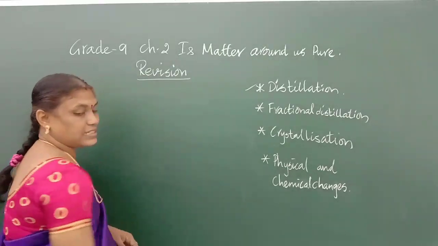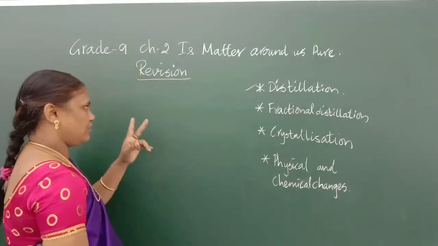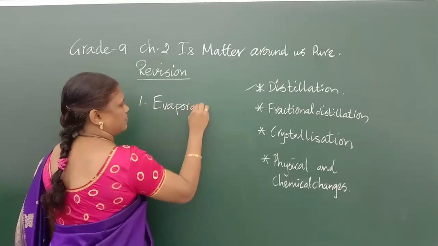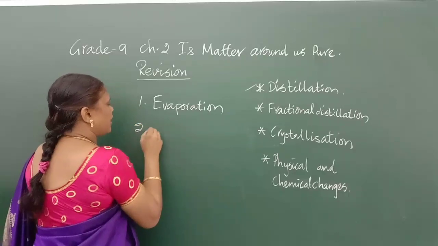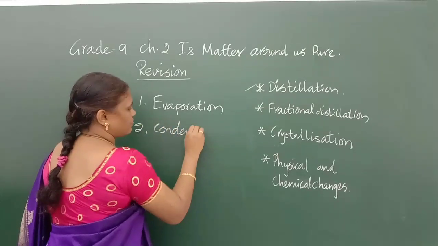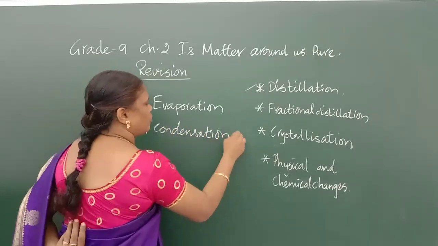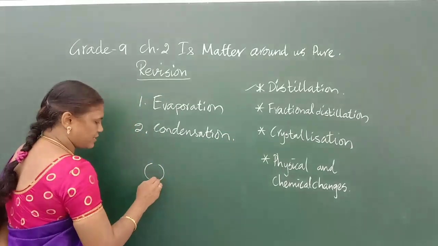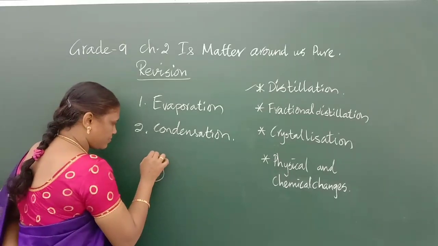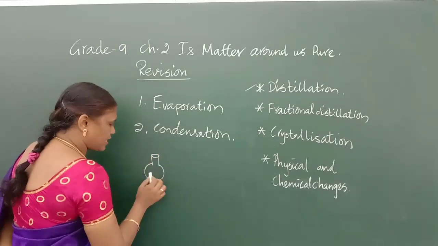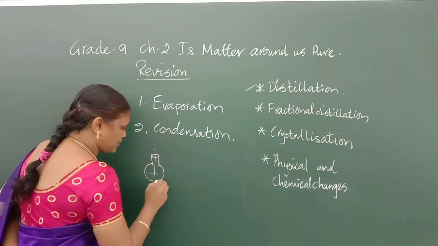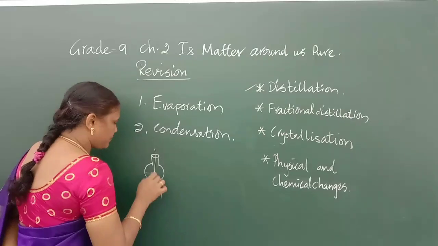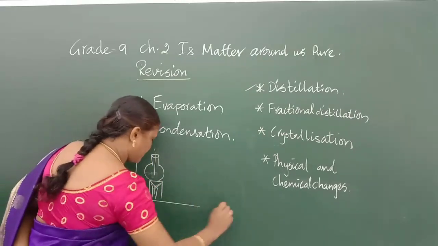Distillation involves two processes: one is evaporation, another one is condensation. When you take two liquids in a distillating flask, your thermometer should be inserted, and you keep this on a tripod stand with a Bunsen burner, and a stand.